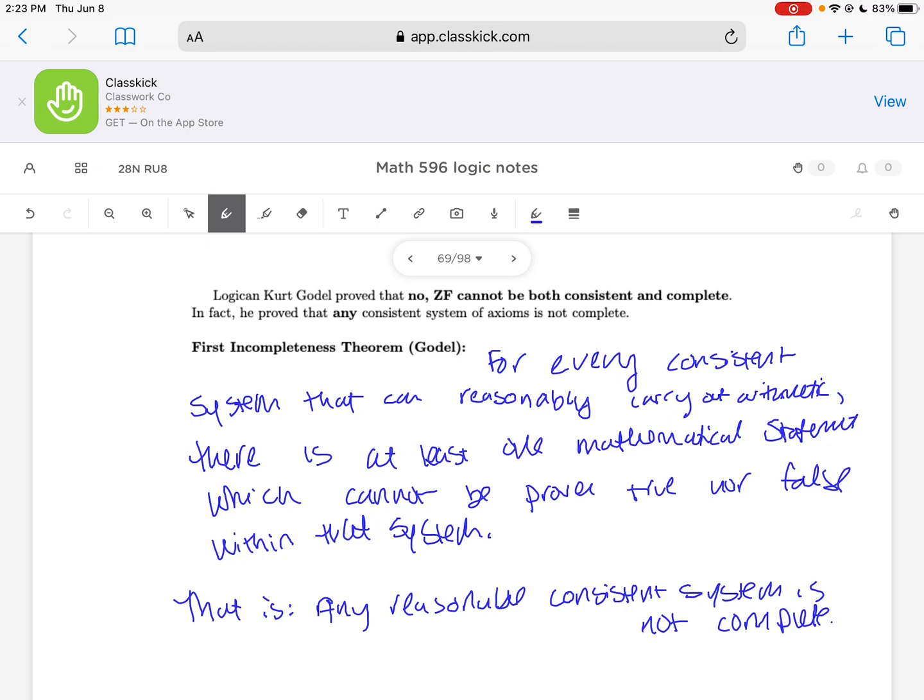This theorem tells us that not only have we not done that with ZF, it will never be able to do that. There is no consistent system that will allow us to either prove or disprove every statement. There's always going to be some statement which you cannot prove true and you cannot prove false, which was really an earth-shattering thing that Gödel proved here.